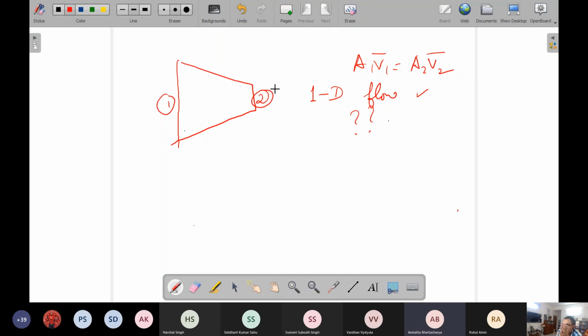Sir, it is not one-dimensional flow, but as long as the flow velocity direction is in the i direction, we can probably apply this.